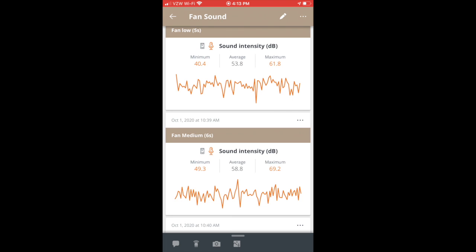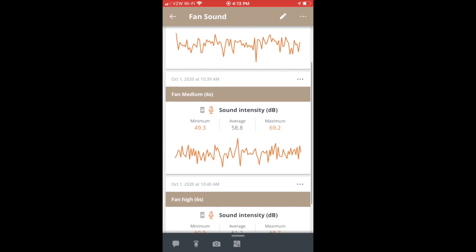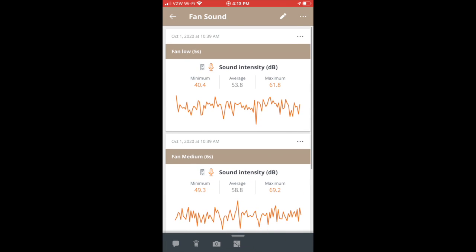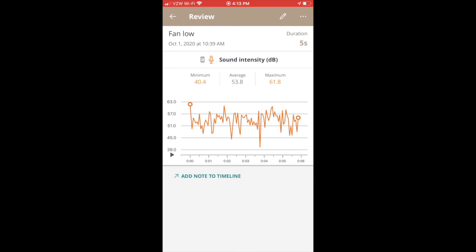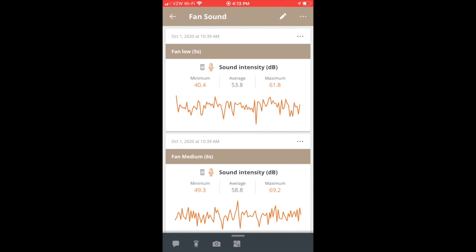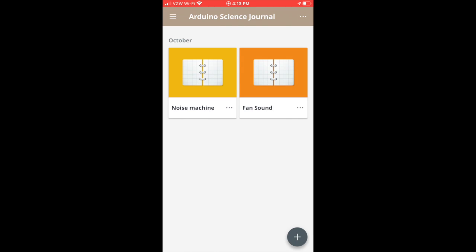So the peaks and the troughs, the highs and lows, vary by almost 20 decibels. That's pretty much the same for the fan low, medium, and high. You can also click in here, which is kind of interesting, and drag around with your finger and analyze the noise using the app. So that's the fan. Like I said, it's about a 20 decibel difference.